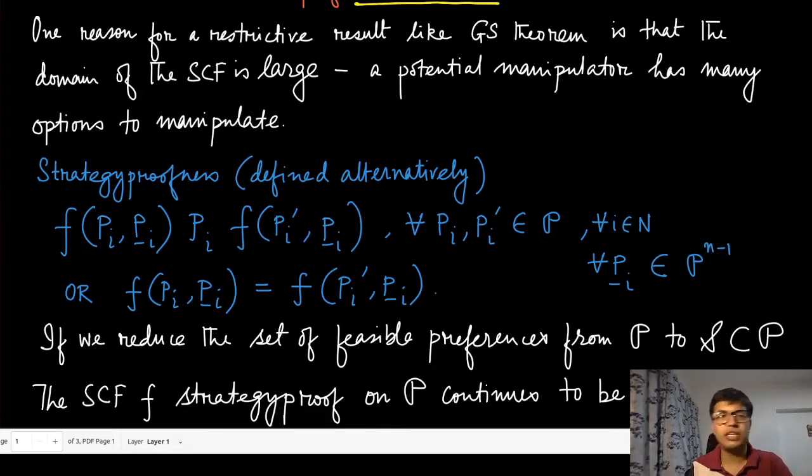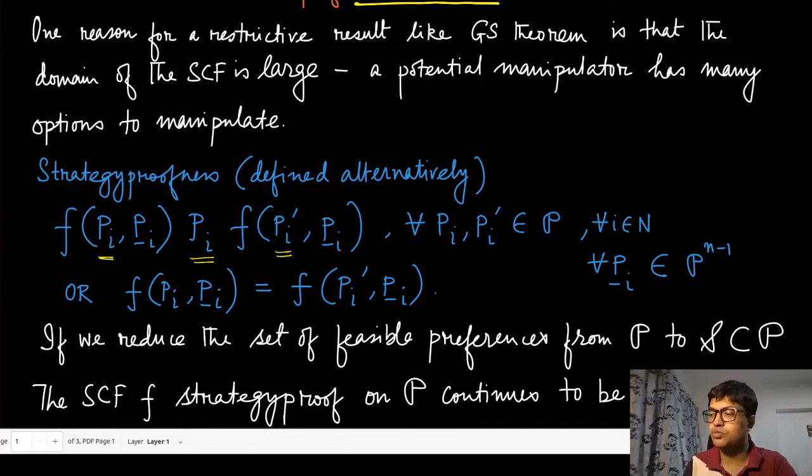You can give a direct definition in the following way: the preference of a player i is given by Pi, and it is reporting its preference truthfully to this direct mechanism, versus when it is misreporting it as Pi prime. In the former case it will get a better outcome.